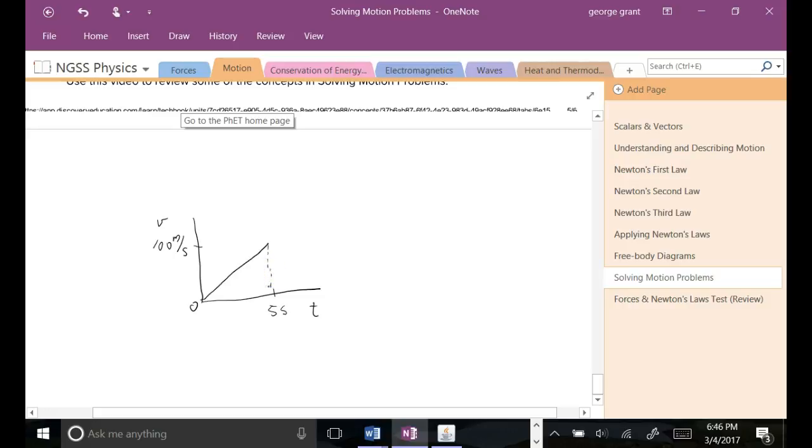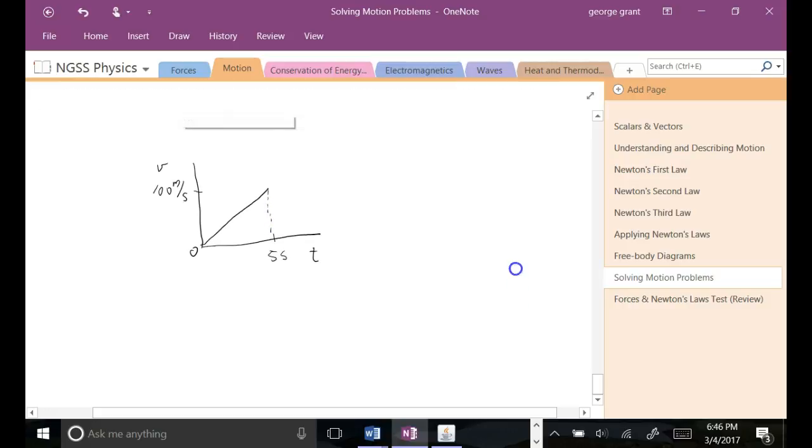And since this is a triangle, it means the distance is going to be 1/2 base times height. You remember the area of a triangle. So 1/2 times 5 seconds times the height, which is 100 meters per second.